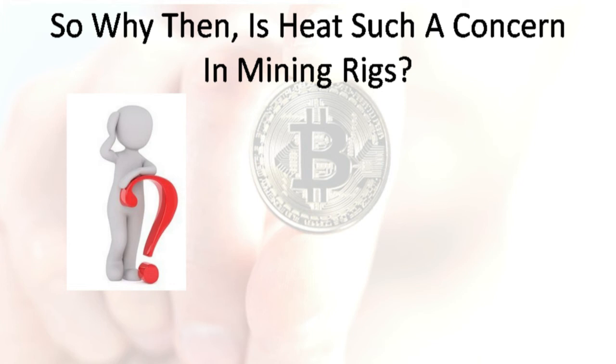What this means is that heat is a concern in mining rigs because heat in general shortens the life of the mining rigs, and it also creates instability in the rigs as well. As such, you would want them to have less heat or at least not be affected by heat as much as possible.